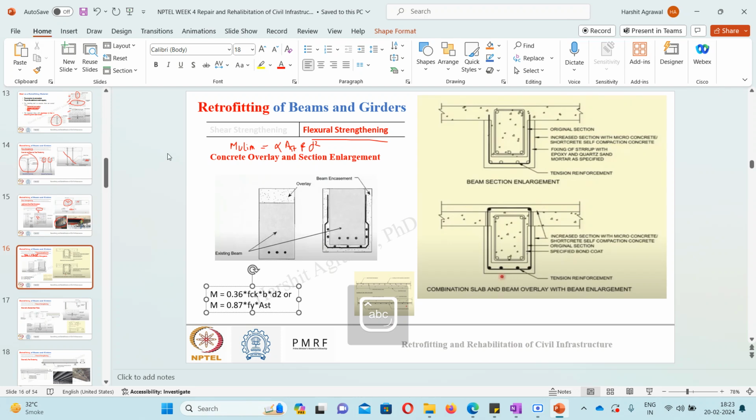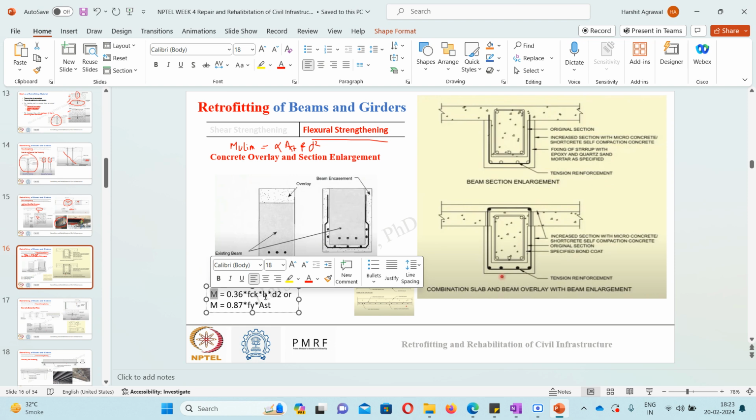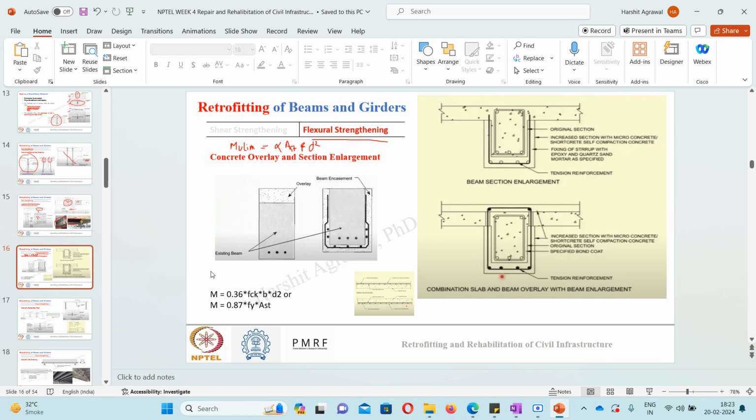In both these equations, you can see the moment of resistance of the beam for flexure, for bending, is directly proportional to the width of the member, the square of the depth of the member, or the area of steel that can be provided.